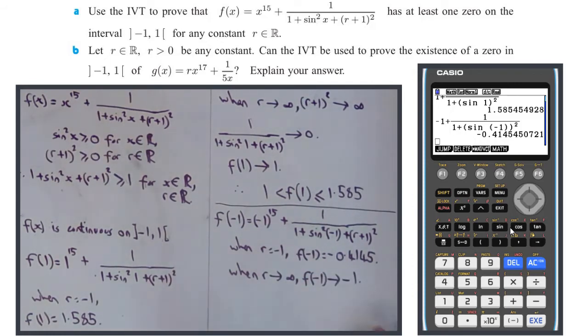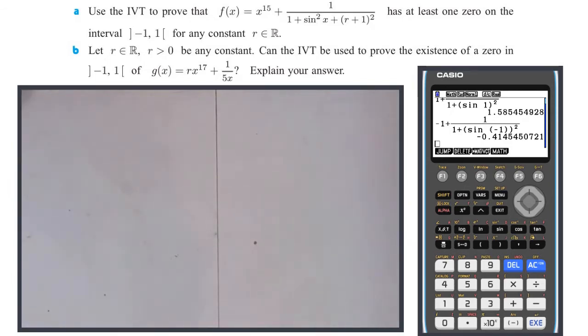So f of minus 1 is bounded between a low point that it doesn't quite get to of minus 1, so it's greater than minus 1, and it's less than or equal to minus 0.4145. Either way, we have shown that f of minus 1 for any value of r is negative, and f of 1 for any value of r is positive.